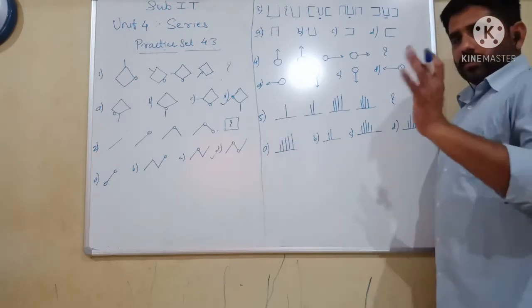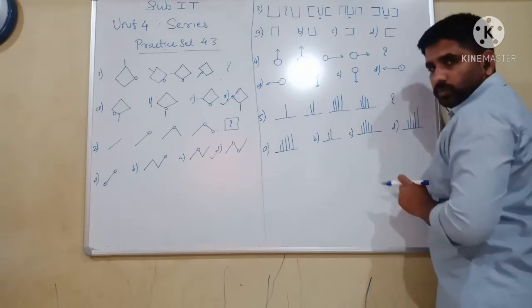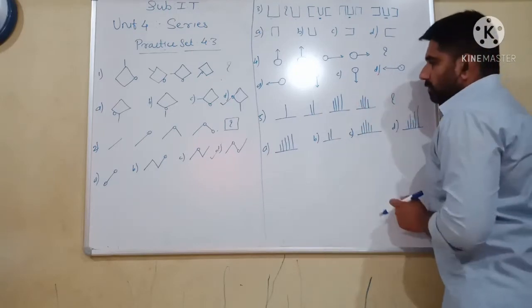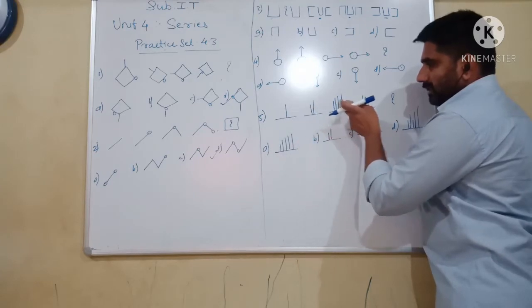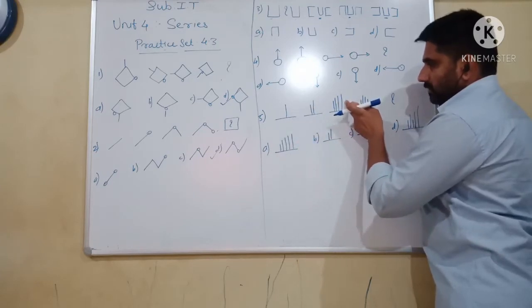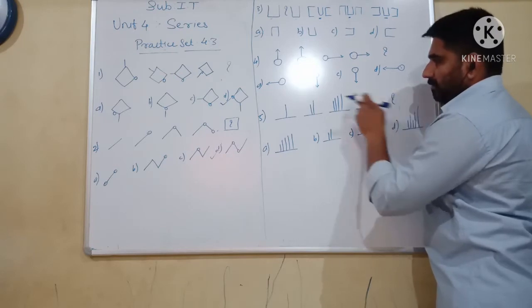Let's move to our fifth question. Here a pattern of lines is being shown. If you try to observe the pattern, here is the first line, second line, third line, and here some fourth lines are being given.